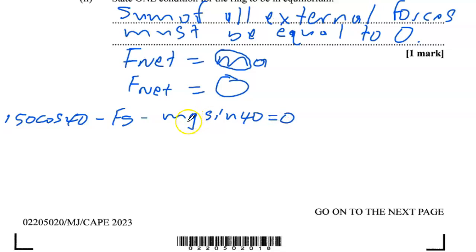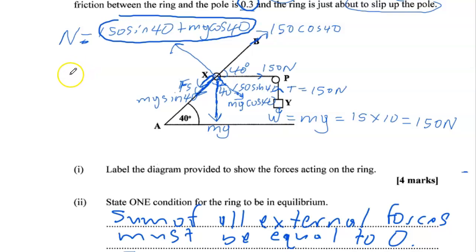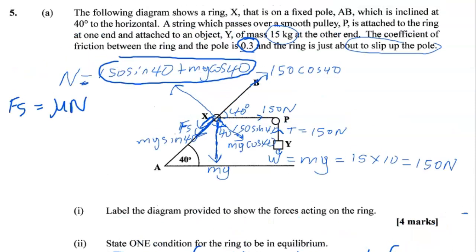Now let's calculate friction. Now friction, the static friction, since the ring is not moving, is mu times n, where mu is the coefficient of friction.